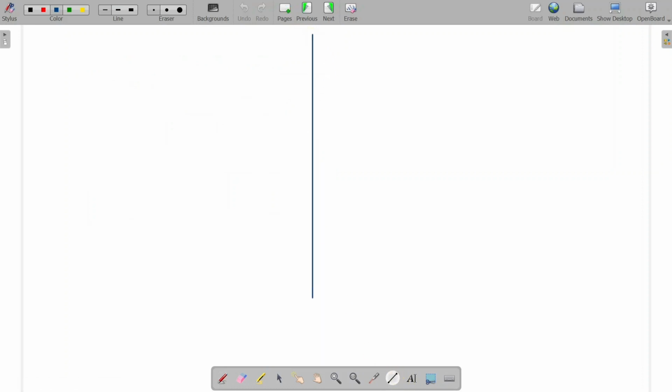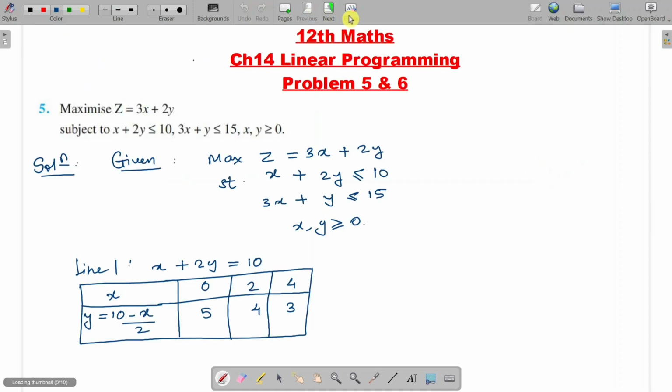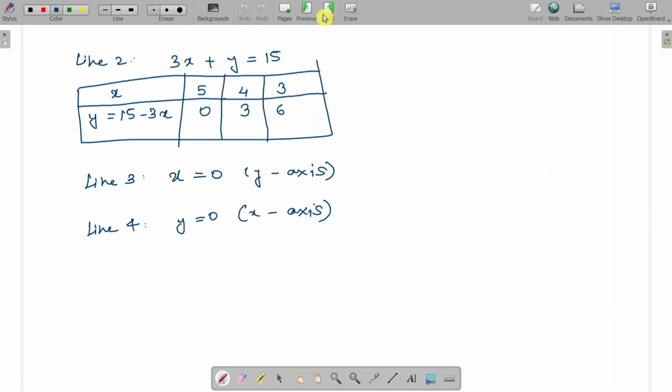So this is the x-axis and this is the y-axis. If we look at the table, we can know what scale we have to take.